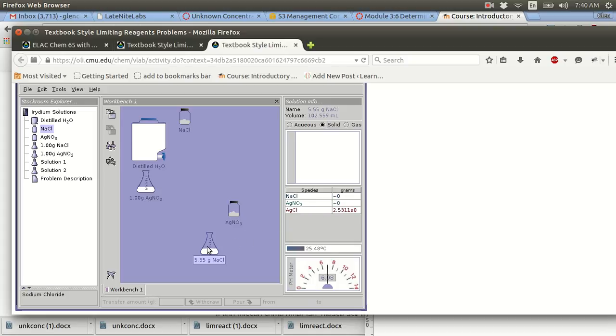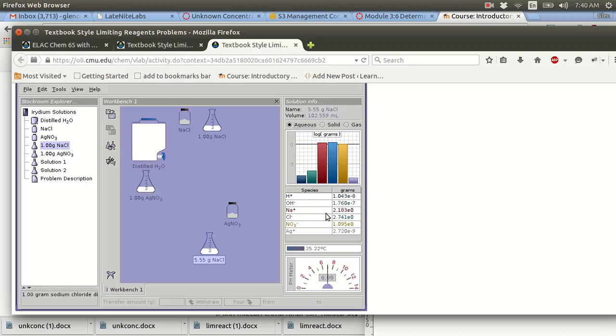So this is what you need to do. You need to add 1 gram of silver nitrate to your 1 gram of sodium chloride, and then you need to write down how many grams of silver chloride you get from there and how many grams of every dissolved thing you get. And remember, that means 0, that means 0, and that means 0.